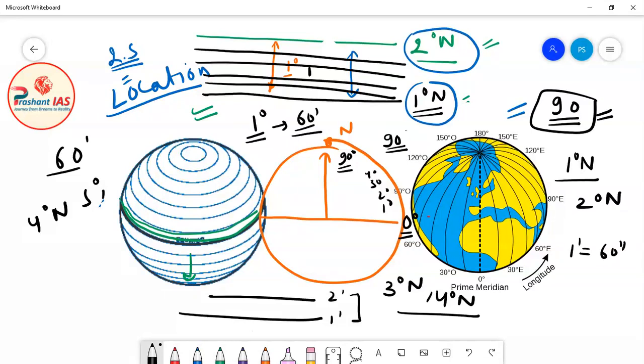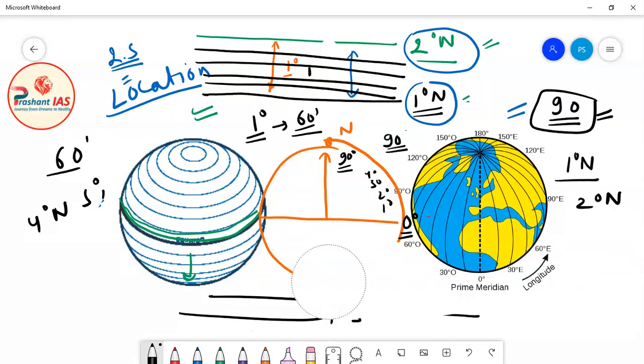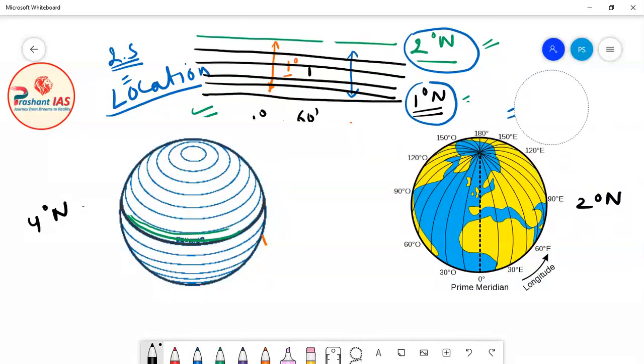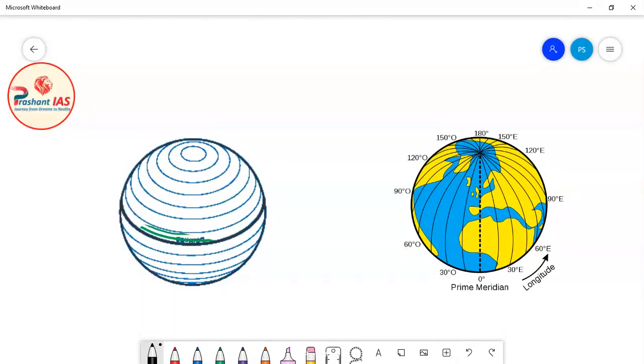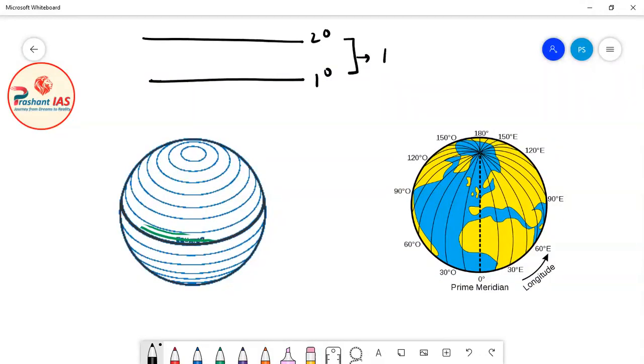Now let us summarize what we have learned so far. Suppose this is 1 degree of latitude and this is 2 degree of latitude, so the difference between them is only 1 degree. Each degree of latitude is further divided into 60 minutes, and each minute is further divided into 60 seconds.